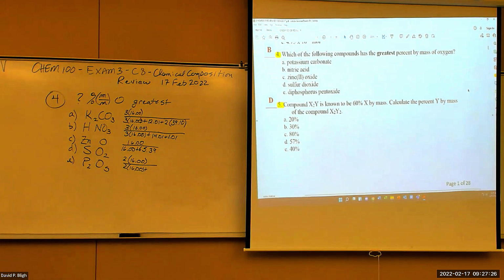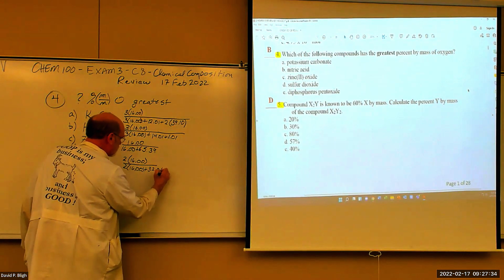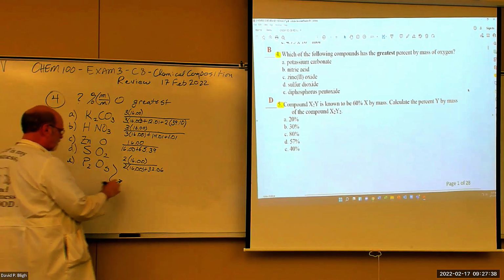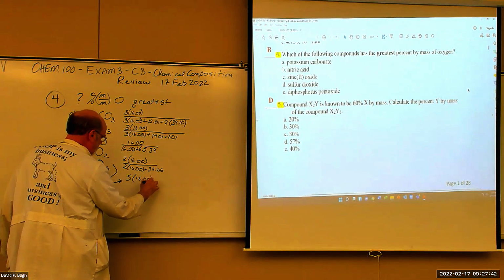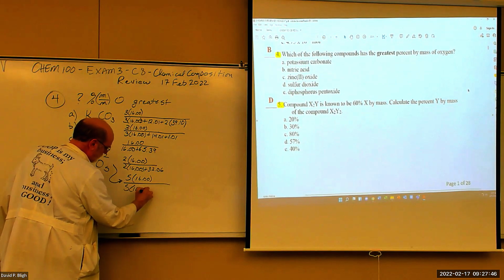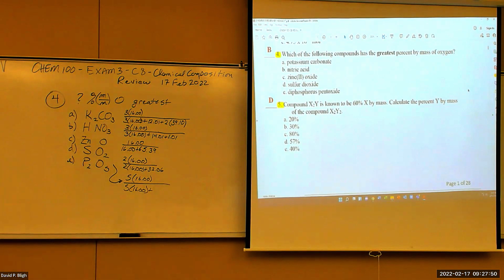Sulfur is 32.06. And then for this one, we have 5 oxygens. And then 2 phosphorus. 30.97 for phosphorus.